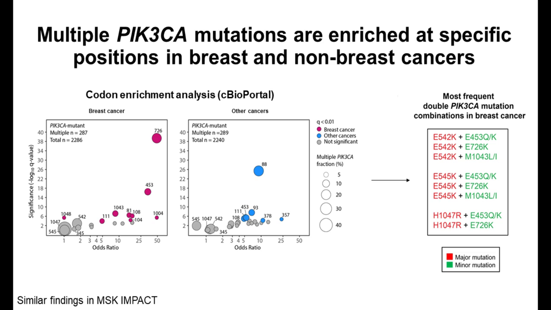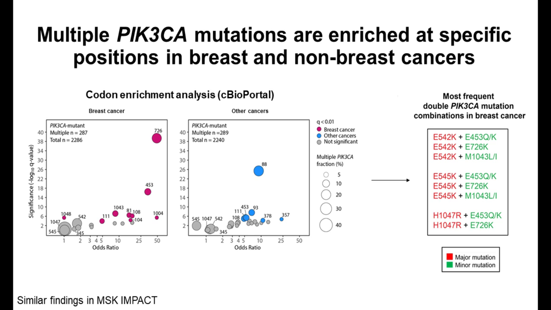As you can see in the pink circles in the left-hand figure, in breast cancer, mutations at positions 726, 453, and 1043 are found primarily in multiple mutant tumors compared to single mutant tumors. The common hotspot mutations 542, 545, and 1047 are found just as frequently in single mutant tumors, shown in gray, as in multiple mutant tumors. What's interesting is that this mutational pattern is different in other cancers, shown in the blue circles.